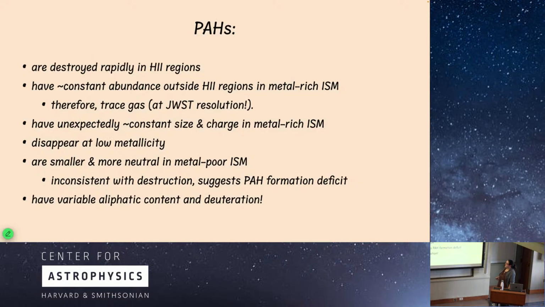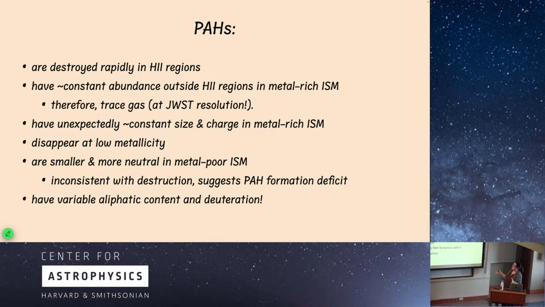So with that, let me briefly summarize. I hope I've convinced you to be excited about PAHs. We know a few things, but there are so many more things to learn. We know that they are destroyed rapidly in H2 regions by a process that is perhaps not completely well understood.